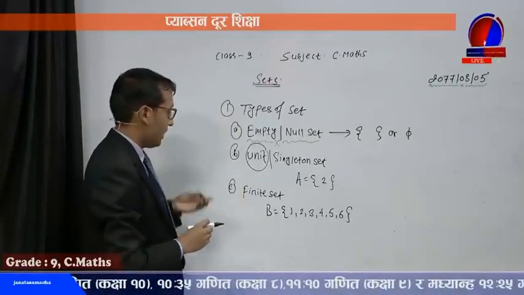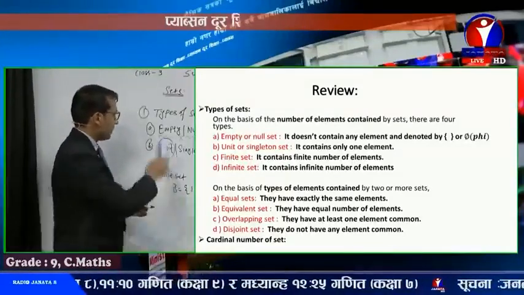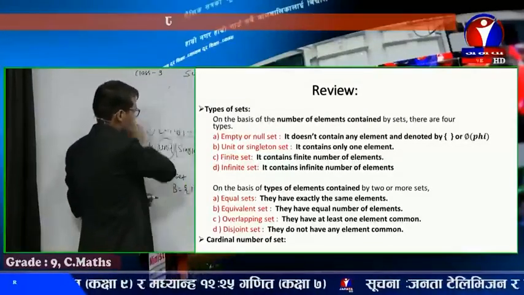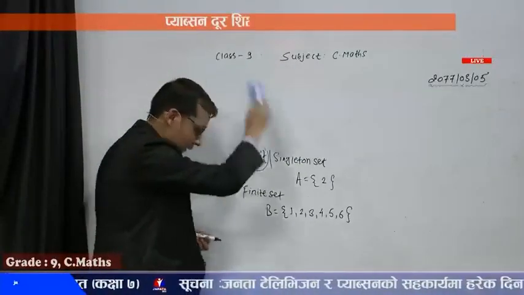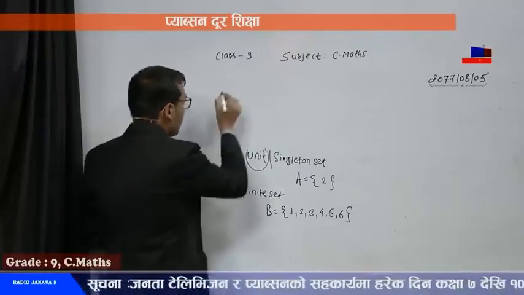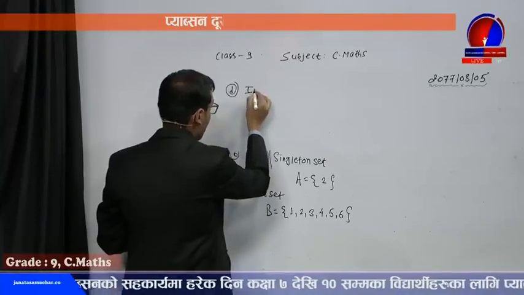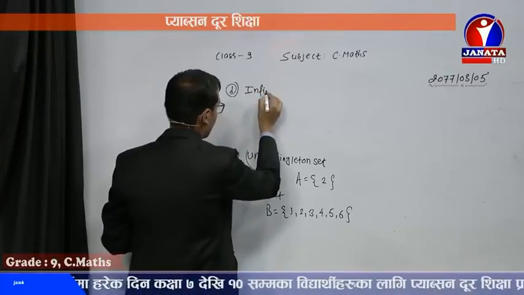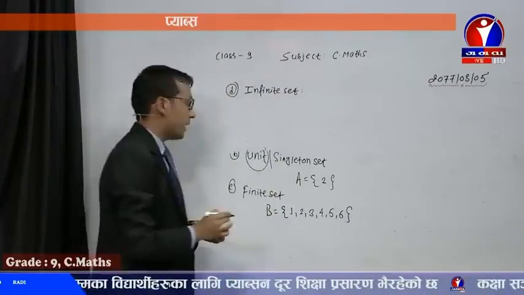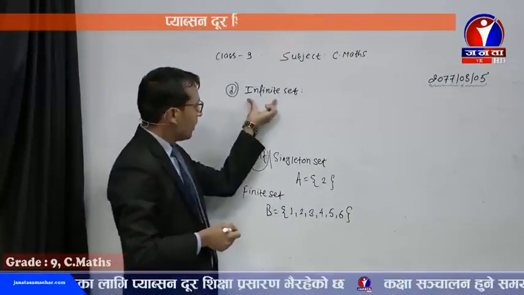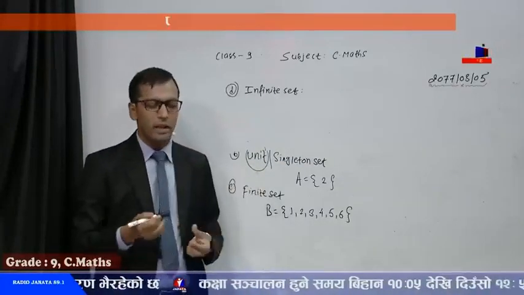Next, the next type is infinite set. In infinite set, it's clear from the word infinite.